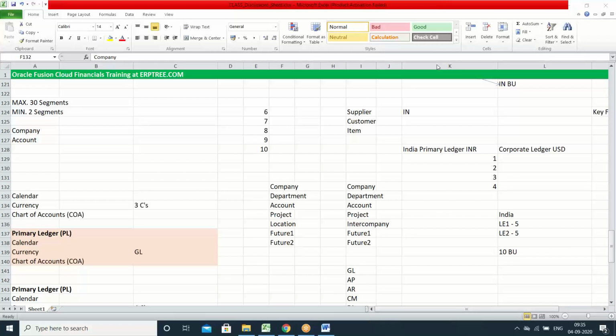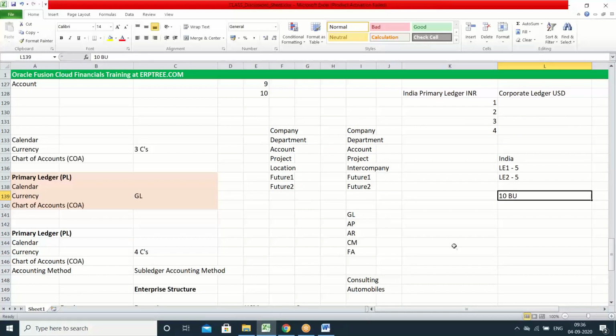Lakshman, one quick question. The business unit we are saying as part of the chart of accounts segment, and the reporting business unit, is there a difference? Previously we were discussing that business units will be created for reporting needs, for example branch wise. What is the difference between these two business units? Instead of company, we are creating a chart segment.